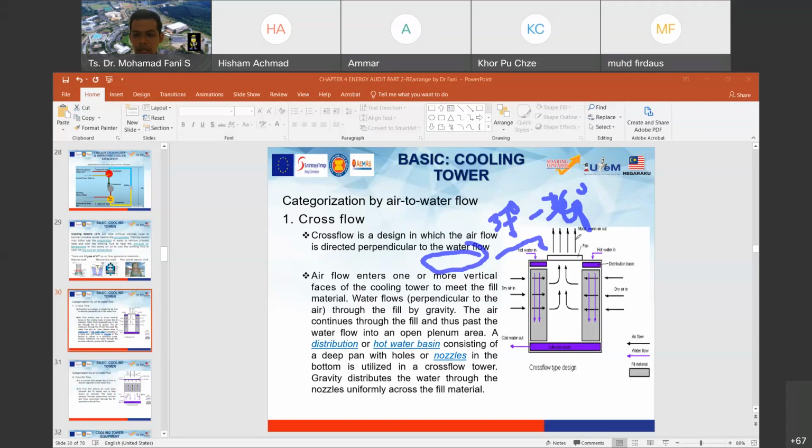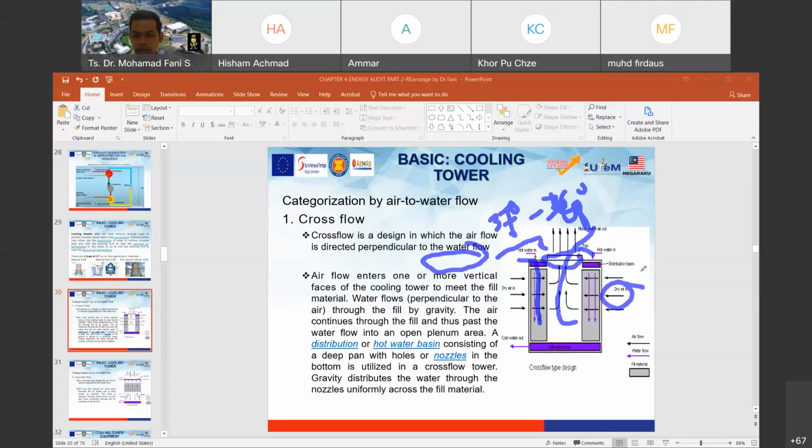Then through the process, we have the fan here, and the flow of hot air is released to the atmosphere, and the hot water will flow. This one is the dry air.